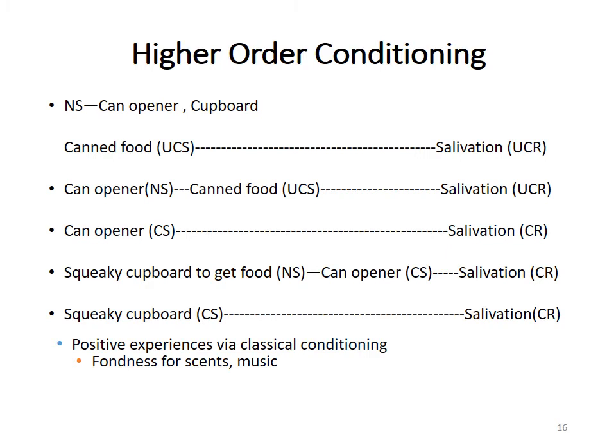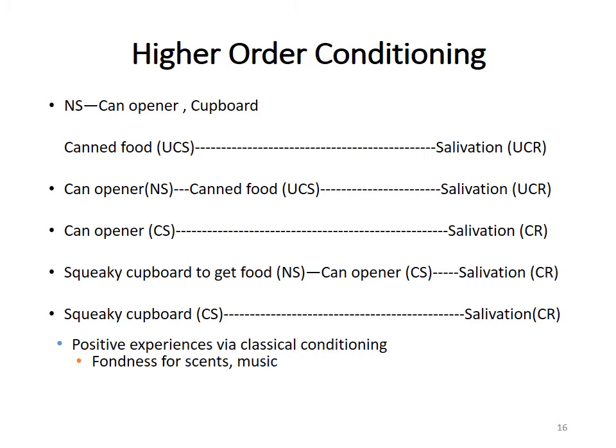The canned food is the unconditioned stimulus. So the food will automatically elicit an unconditioned response of salivation in the cat. Just like with our dog, we gave them the food, it made them drool, same thing. So next, I'm going to pair the can opener with the canned food. So we have can opener, canned food, salivation in the cat.